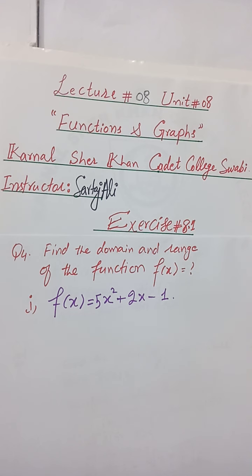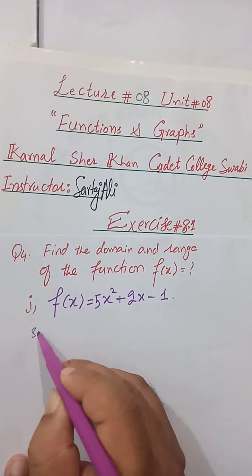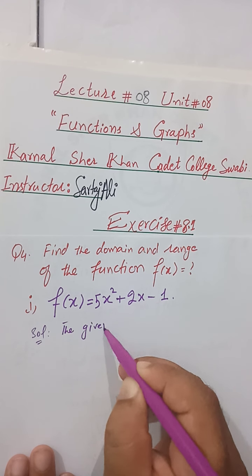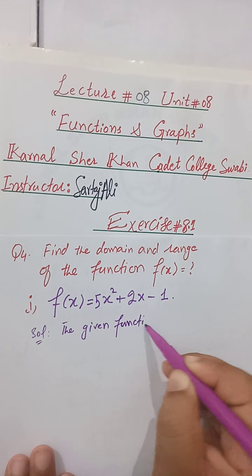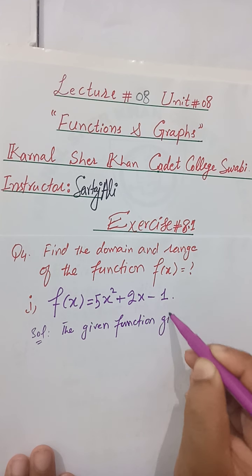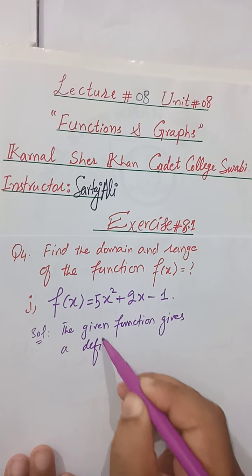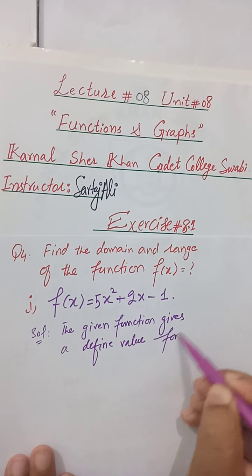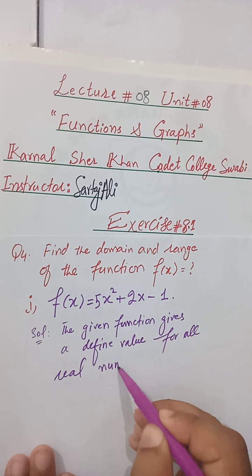So domain is the set of real numbers R. You can write this explanation, or in short you can just write: the given function gives a defined value for all real numbers.